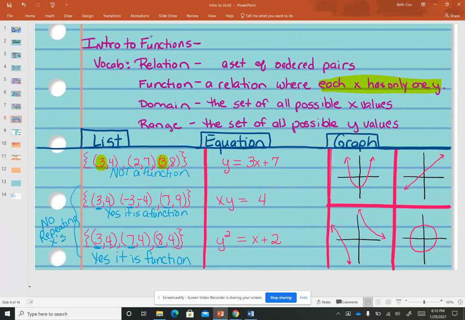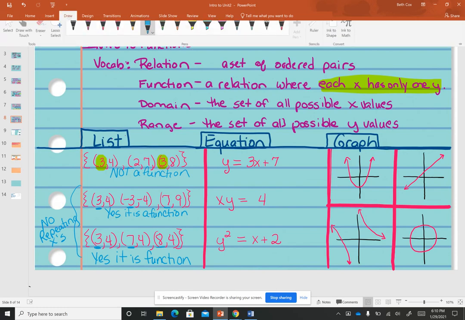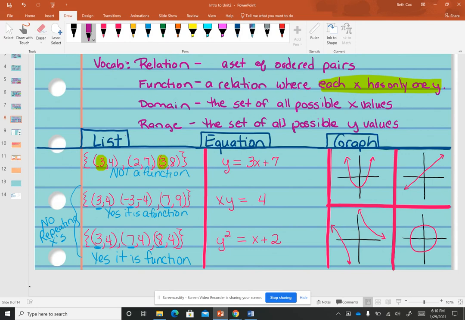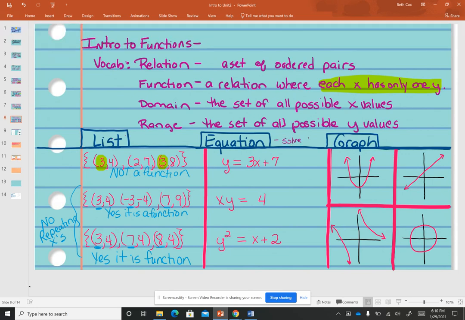Alright? Now, in an equation, what we do to determine if something has a repeating x or not is we solve it for y. If we can solve it for y and we don't have 2 things, then it is a function. So now obviously the first one is already solved for y, so yes, it is a function.